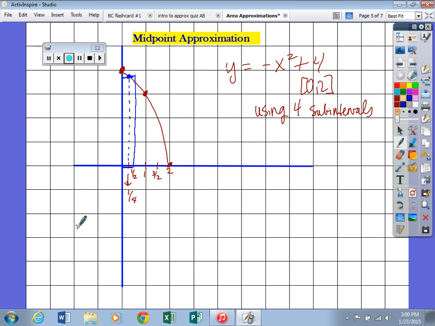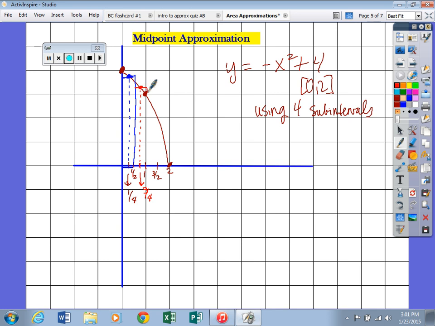So when I go to draw my second rectangle, what x value do I need to start at? Good. Between the 1/2 and the 1, which is what? 3/4. So for this one, I'm going in between these two, which is the x value of 3/4, and I'm going to go all the way up to where that hits the curve, put a dot there, and that's the top of that rectangle.